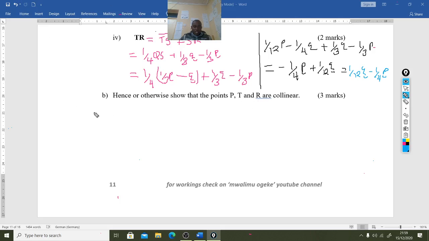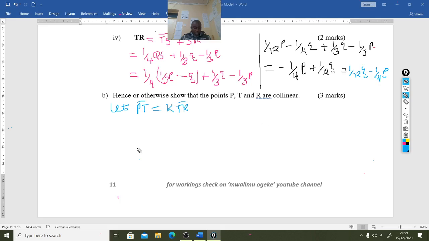So we can easily say that we let PT factor to be equal to K TR.